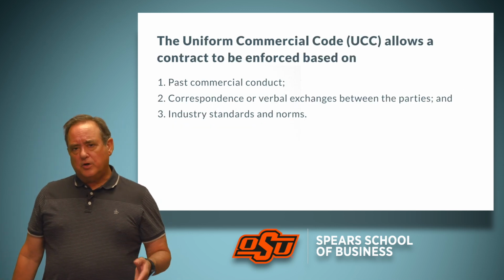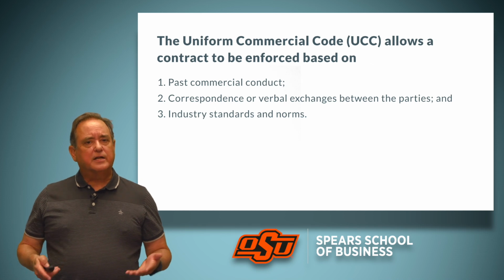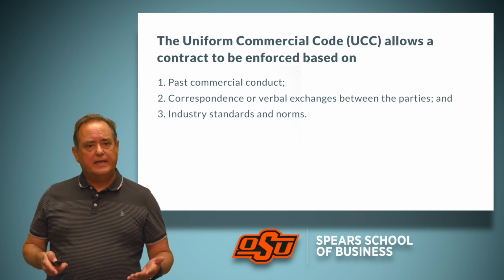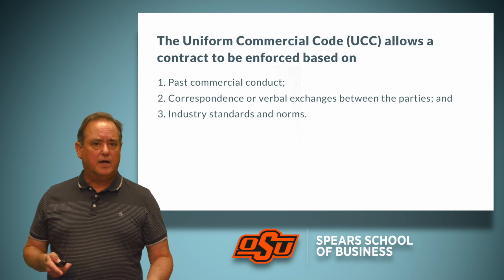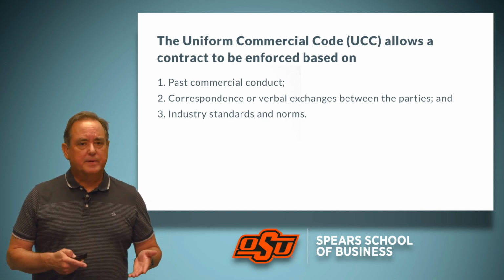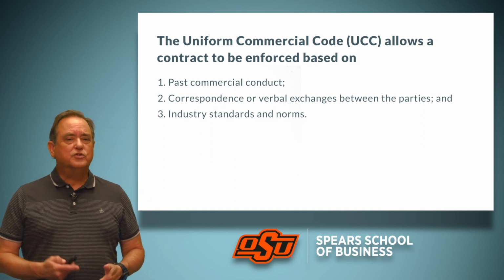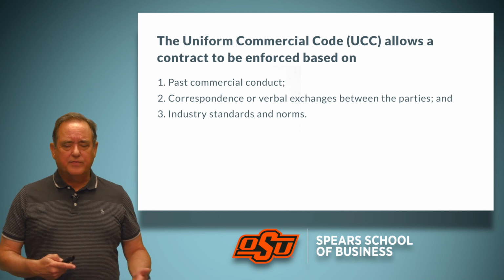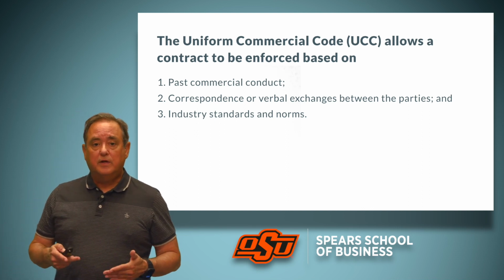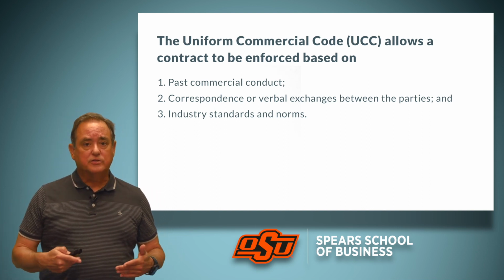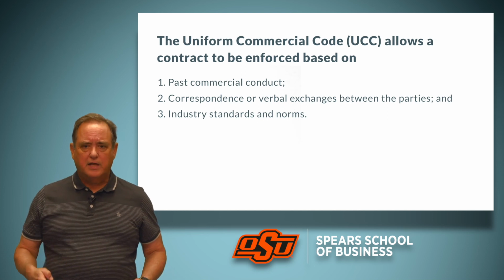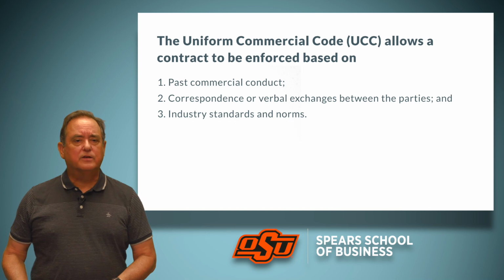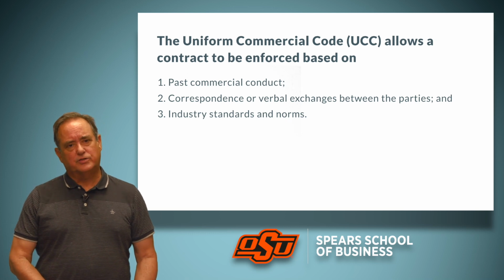So the Uniform Commercial Code, I said, allows a contract to be enforced based on things like past commercial conduct. How have the parties behaved in the past? What sort of correspondence have the parties exchanged? Or what sort of verbal exchanges, oral conversations, have occurred between the parties? And what are the standards and norms of the industry?